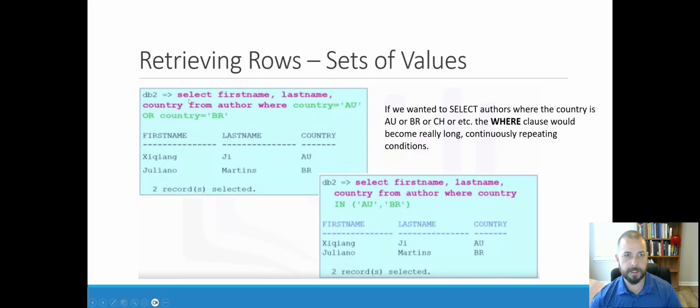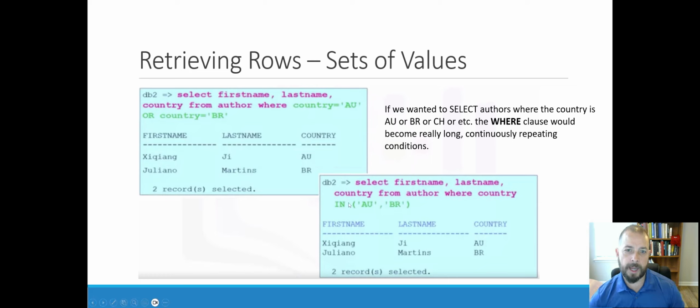So in this instance, select first name, last name columns from our author table where country equals AU, or country equals BR, or country equals CH, we'd have to do that in our where clause. So this could become repetitive. It's definitely not good for readability in your code.